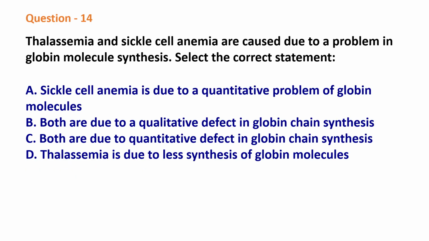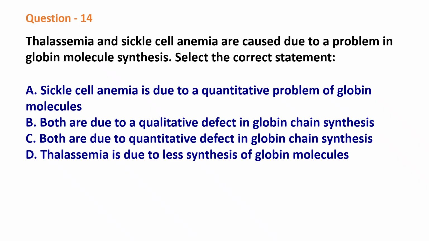Question 14. Thalassemia and sickle cell anemia are caused due to a problem in globin molecule synthesis. Select the correct statement. Options: sickle cell anemia is due to a quantitative problem of globin molecules. Second option: both are due to qualitative defect in globin chain synthesis.